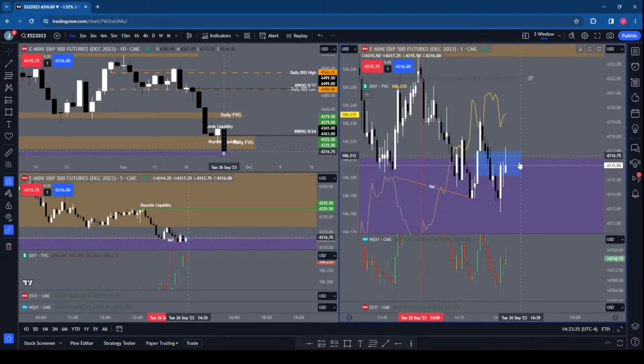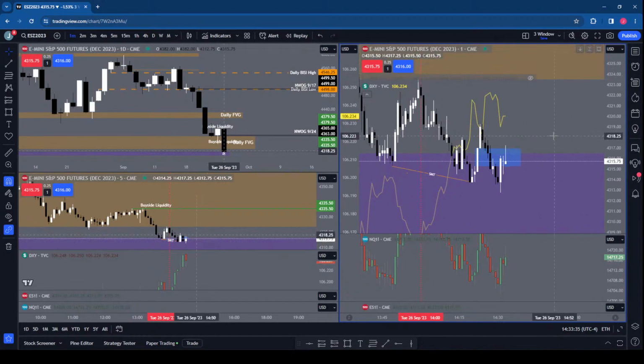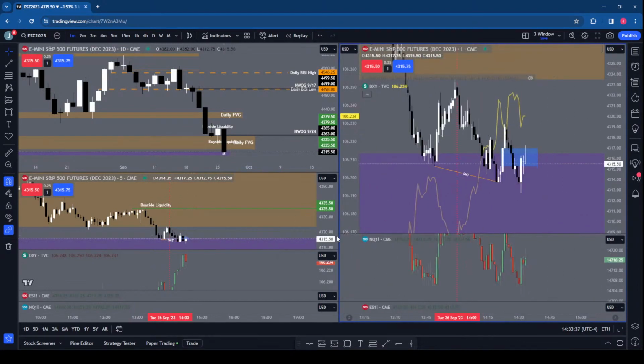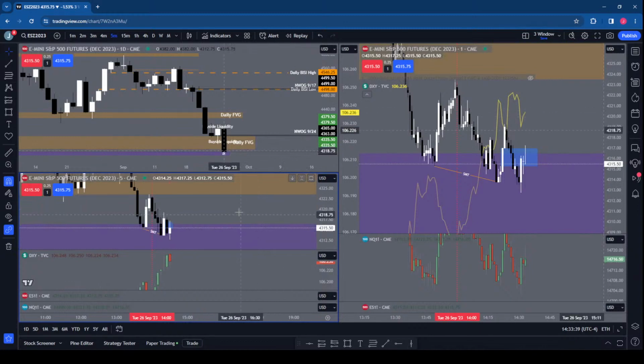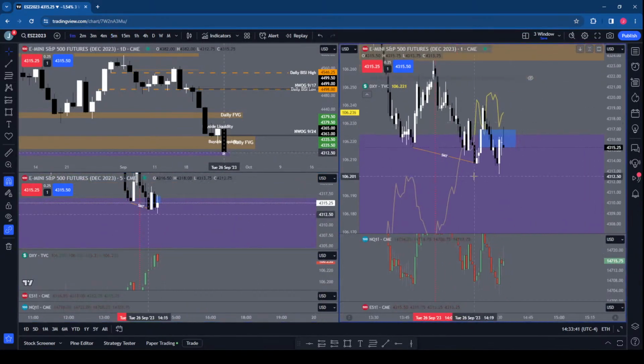I want to see if we close above this area. If we don't close above this area and we just kind of come back down for another low, I won't be too interested in price anymore, because it'll be showing no willingness to drop further.